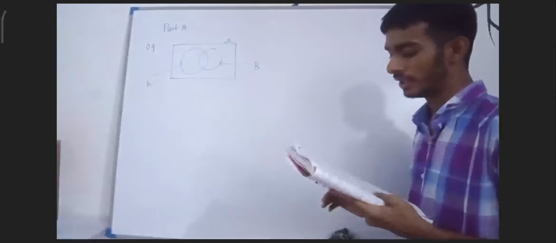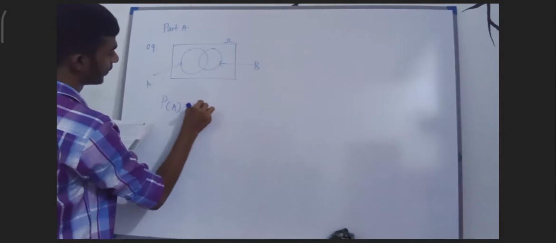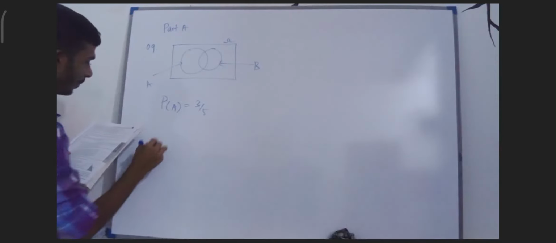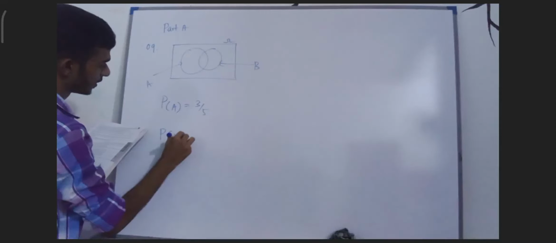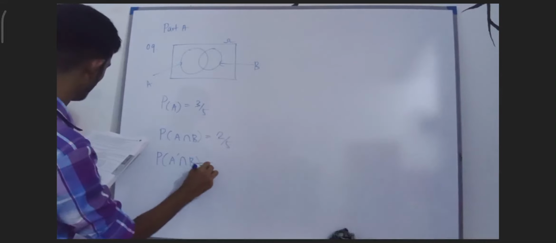In the usual notation, it is given that probability of A is equal to 3/5, the probability of A intersection B is equal to 2/5, and probability of A complement intersection B is equal to 1/10.